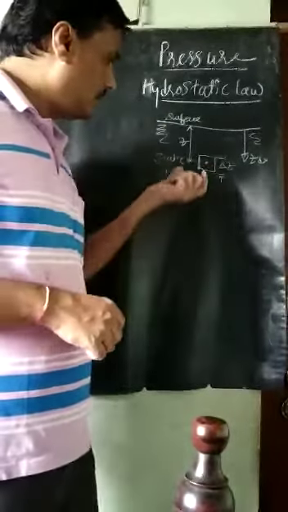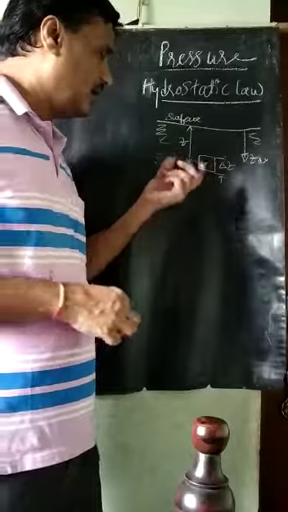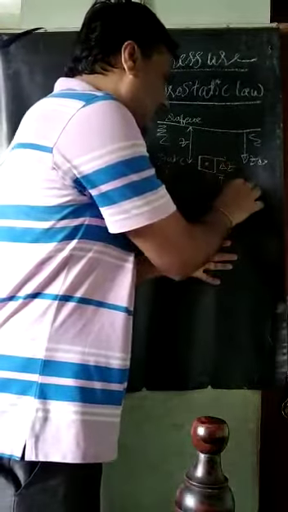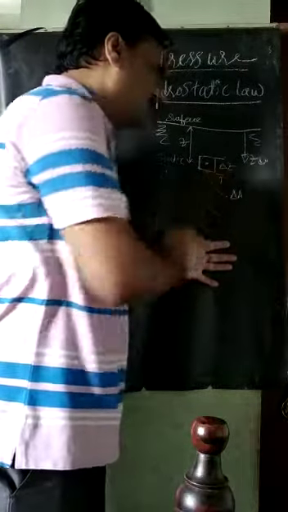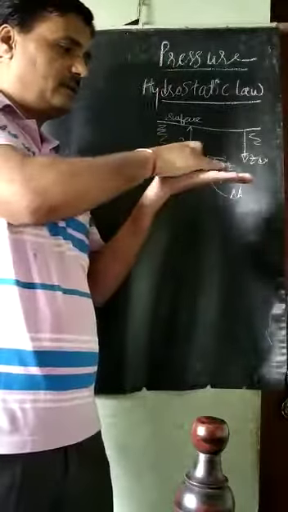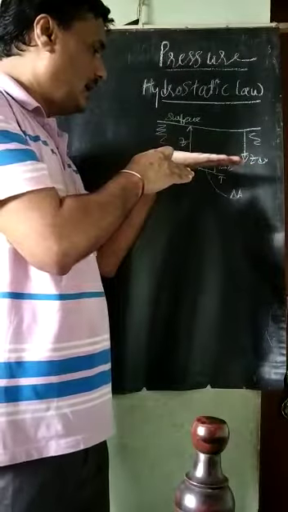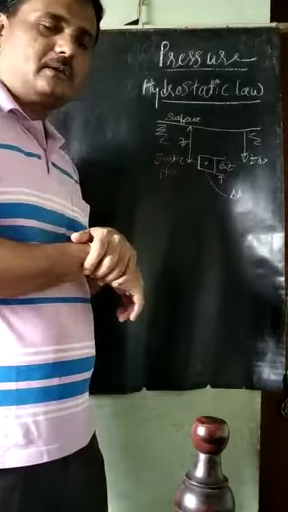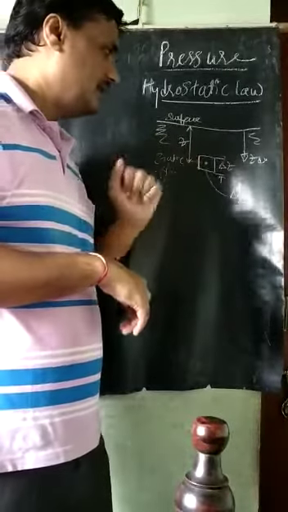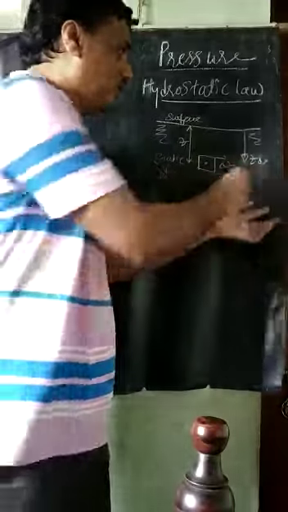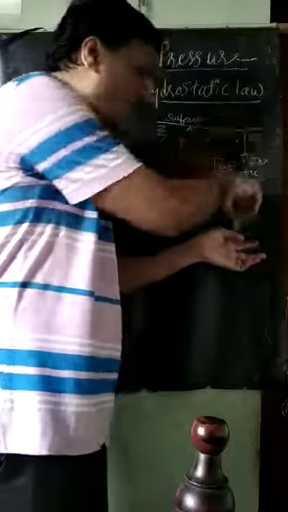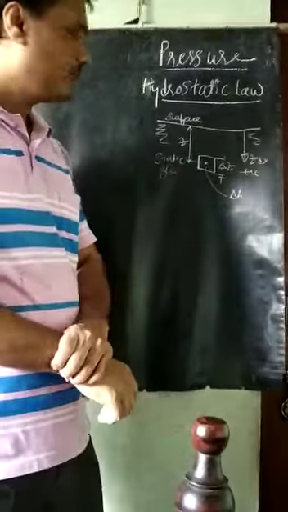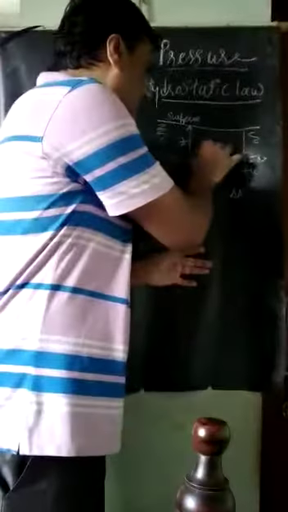So next I will take a small element of small surface area, delta A, and the height is delta Z, taken from the free surface at depth Z, the positive Z direction being downward.